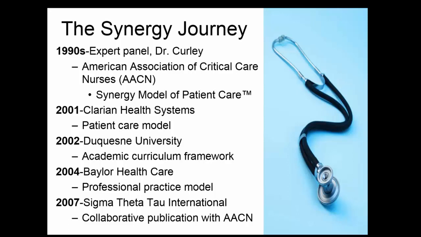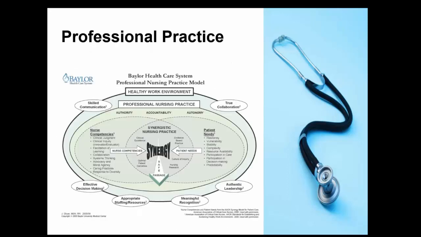And one of the handouts that you have is a very nice little summary by Baylor that talks about the professional nursing practice model. And this slide is kind of hard to see, but this actually is what they have on their website that describes professional nursing practice that's really kind of core to a healthy work environment and professional nursing practice delivery.